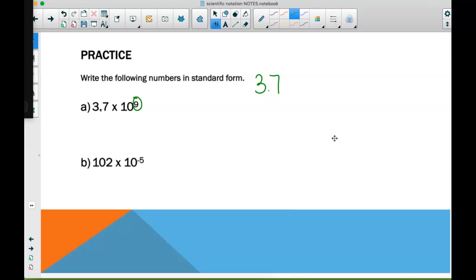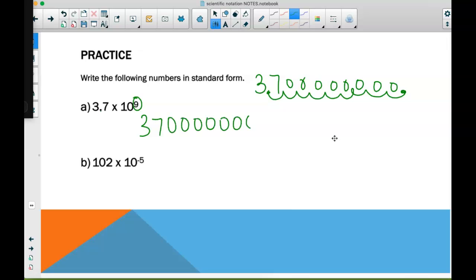Since it's positive, we're going to the right. 1, 2, 3, 4, 5, 6, 7, 8, 9. So my final answer is 3, 7 with 8 zeros. 1, 2, 3, 4, 5, 6, 7, 8. So it would be 3,700,000,000.